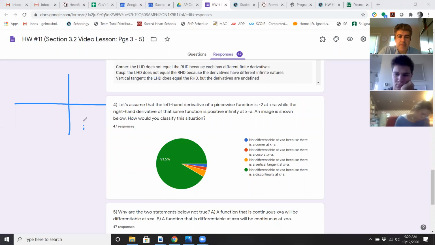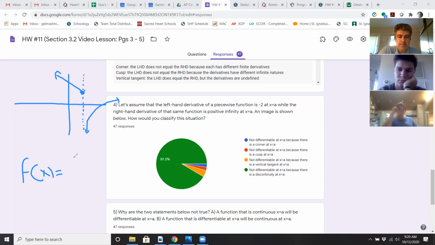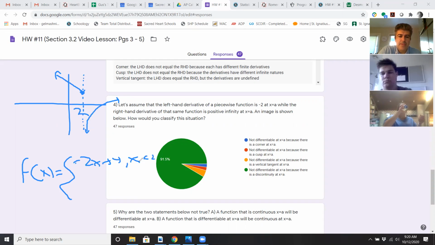So if you have something like this here, you could do a piecewise function like this. That's totally legitimate. I could say f of x equals, I don't know, -2x plus 4, when x is less than or equal to 2.